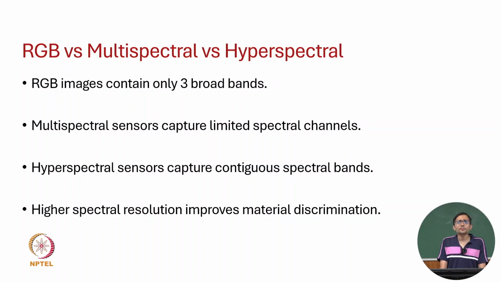To understand a bit more about the difference between RGB versus multispectral versus hyperspectral, we have to understand that in RGB images, we are talking about only 3 bands. The multispectral sensors, on the other hand, still capture a limited number of spectral channels.